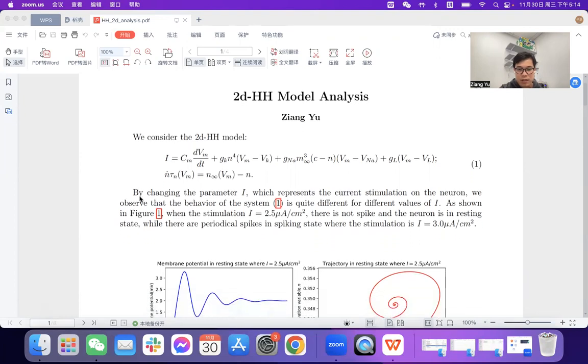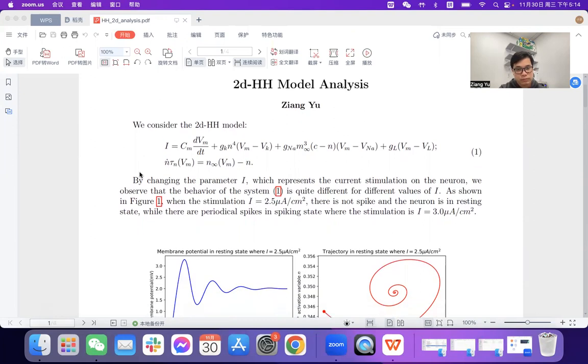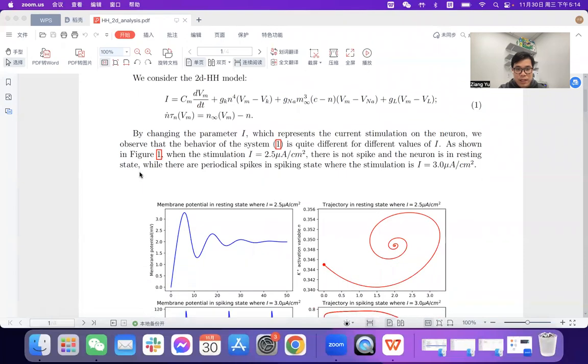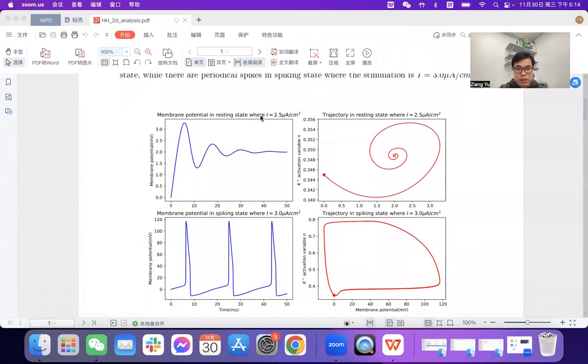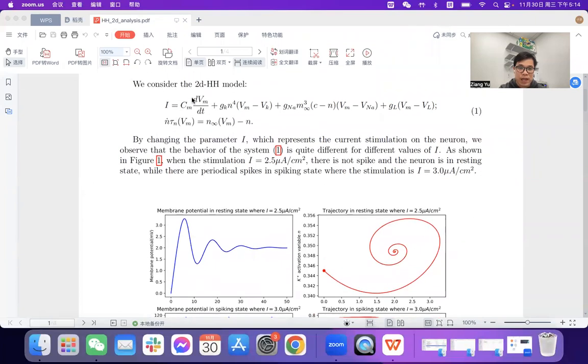So firstly, I simulated the system using some different values of I, and all the simulations are run using a forward Euler method. Firstly, I tested I equals 2.5. In this case, the x-axis represents the time, and the y-axis is the membrane potential, represented as this Vn over here.